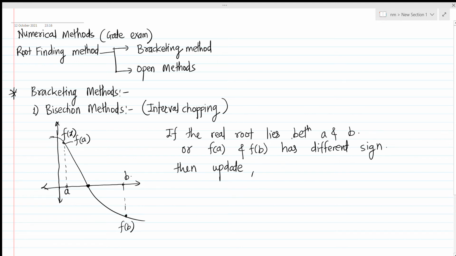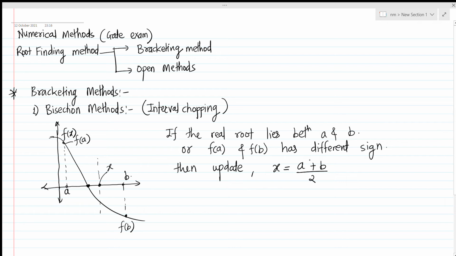How can we update x going forward? Simply, we take the average in the bisection method. So this is our x, which is calculated from this.